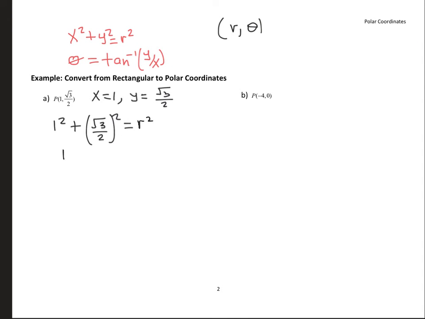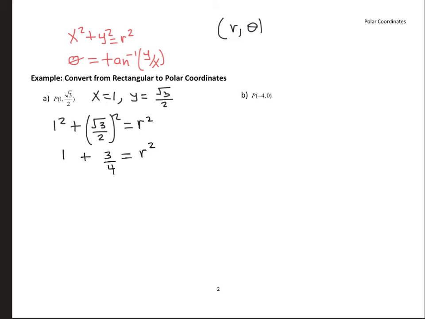So this is going to be 1 plus 3 over 4 is equal to r squared, because when I square radical 3, I just get 3.